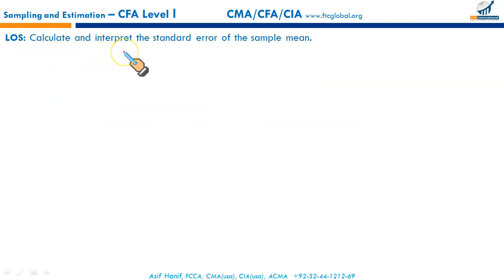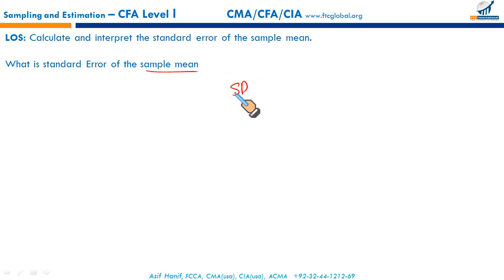Calculate and interpret the standard error of the sample mean. Now, what is the standard error of the sample mean? Standard error of the sample mean is basically the standard deviation of the distribution of the sample means.